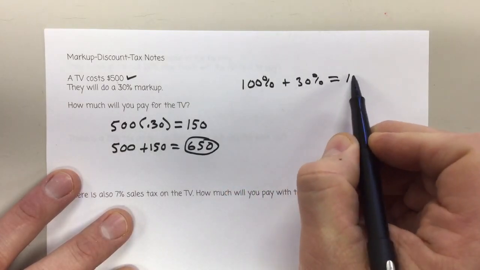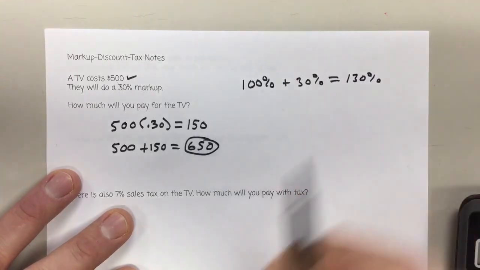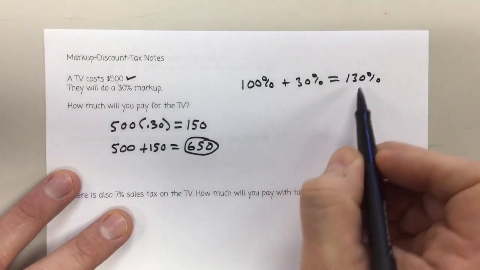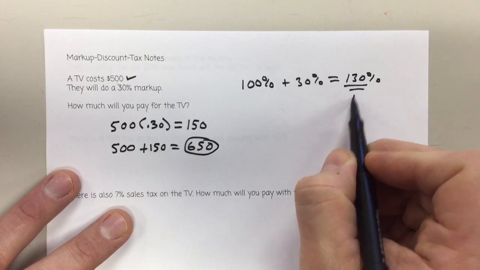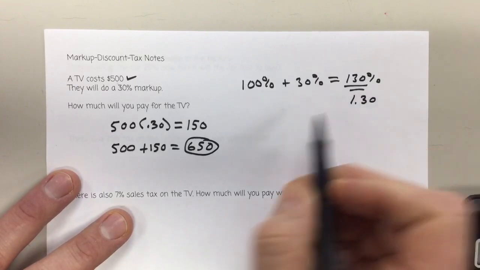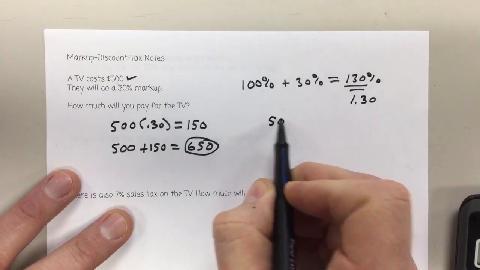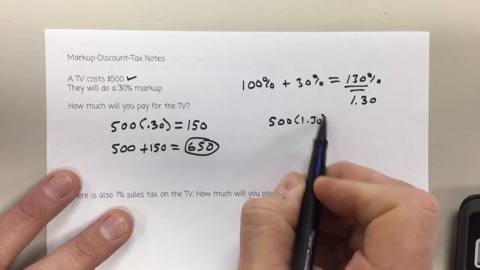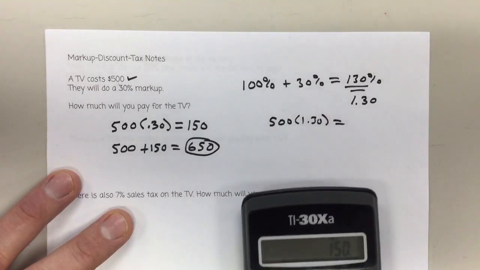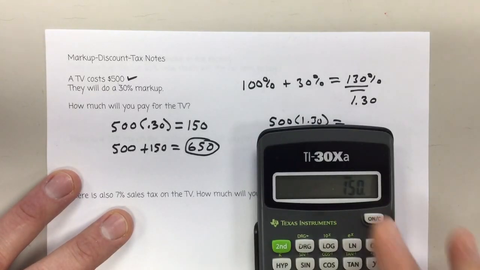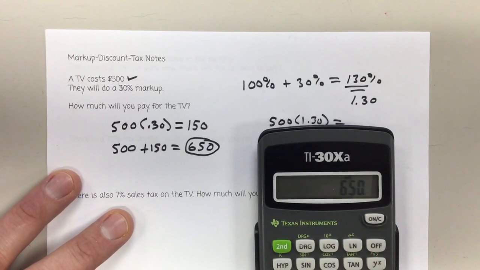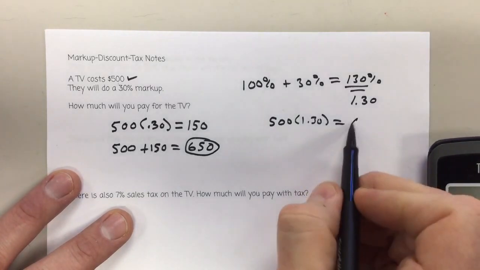So you're actually paying 130% of the cost. So you could convert this to a decimal, which is 1.30, and simply multiply 500 times 1.30. And that's $650.